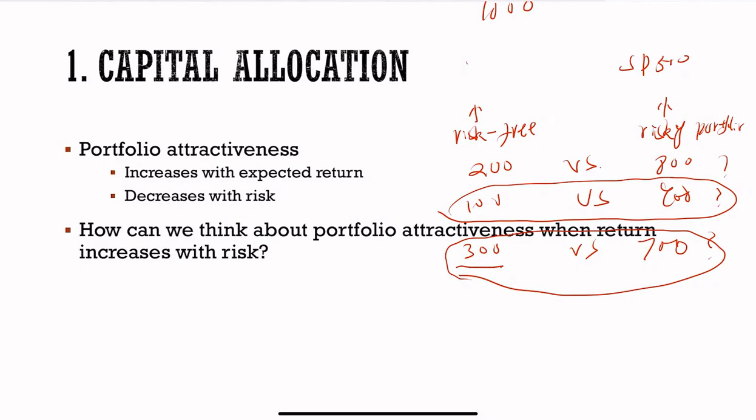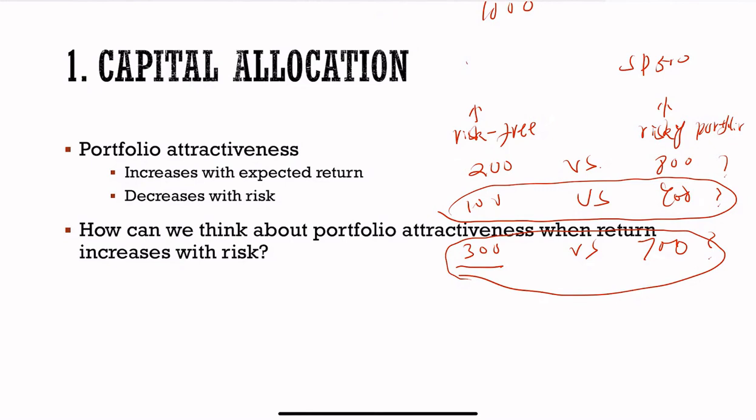But I guess most of you have not learned about intermediate micro. So I will just do a very brief introduction on this utility function. The purpose of the utility function here, at least in this class, is to measure how attractive a portfolio is.